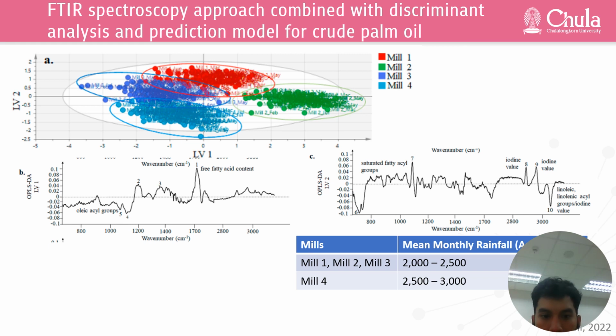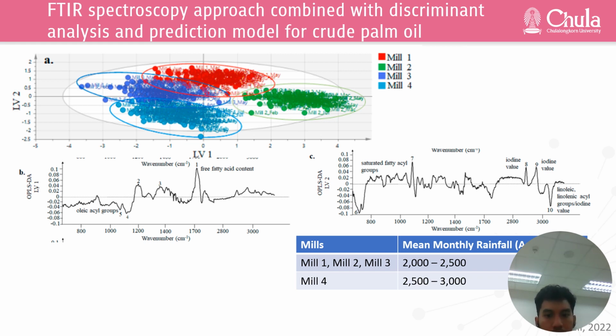And the paper also shows us what the influencing compounds can be, which can be put on the LV1 and LV2 for this OPLS-DA chromatic method. So we can connect it to the mean monthly rainfall.